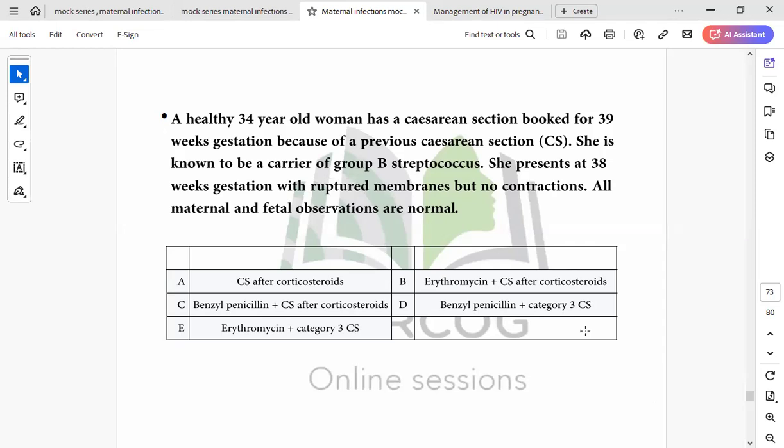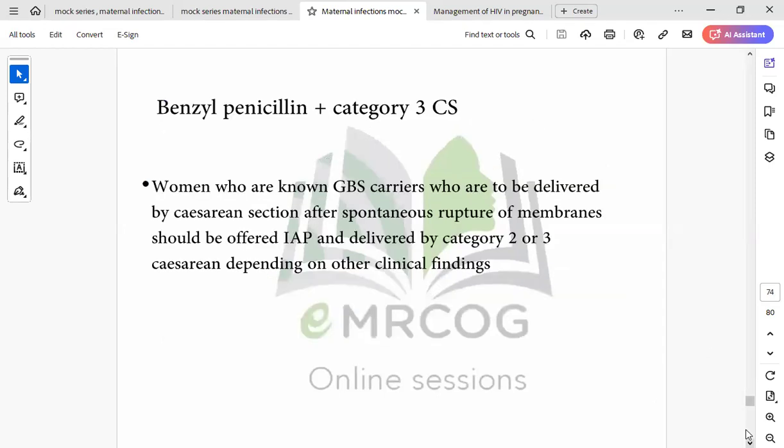And this could be an EMQ, and if it's an EMQ, it would be very ugly. She is 38 weeks. Do you think I'm really eager to give corticosteroids? I don't think so.